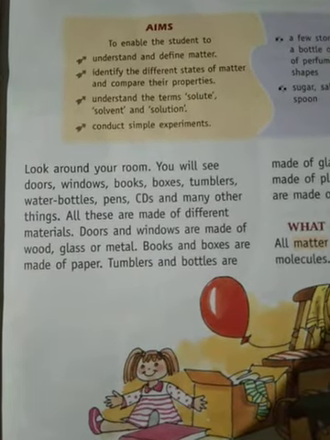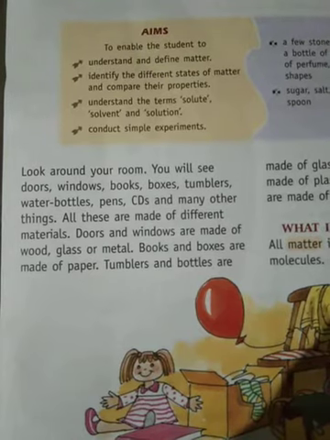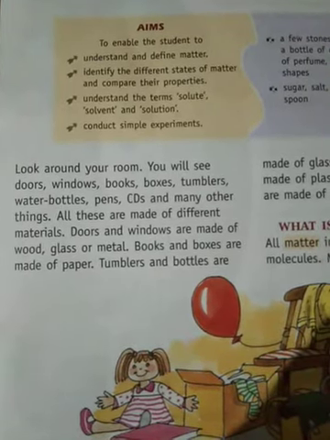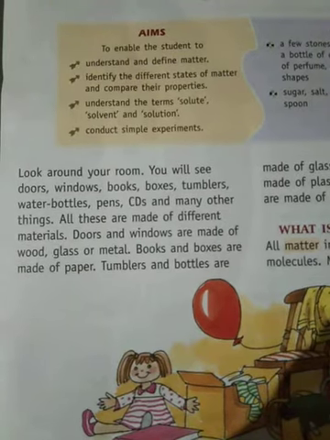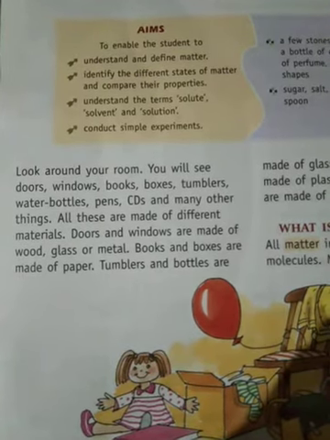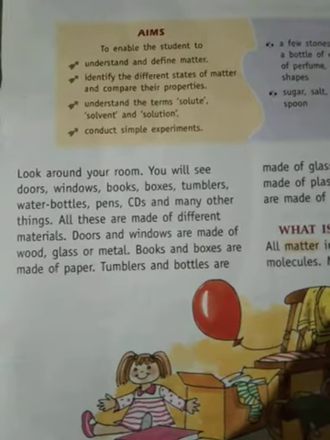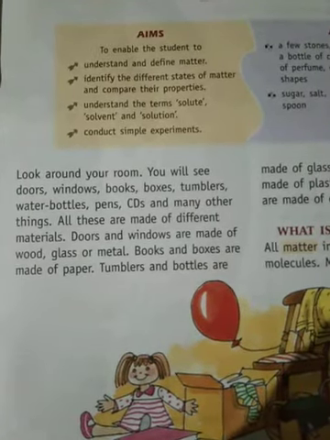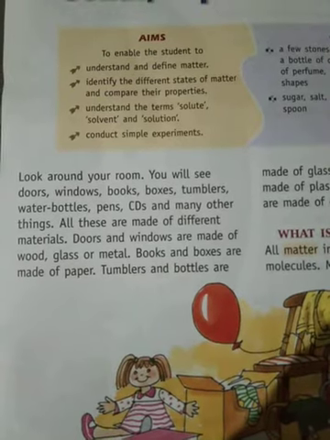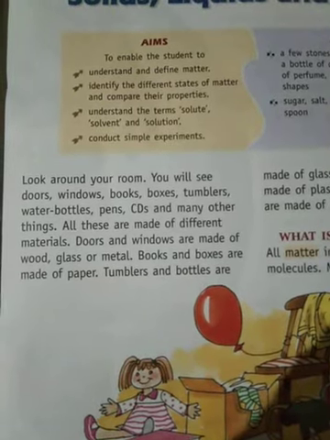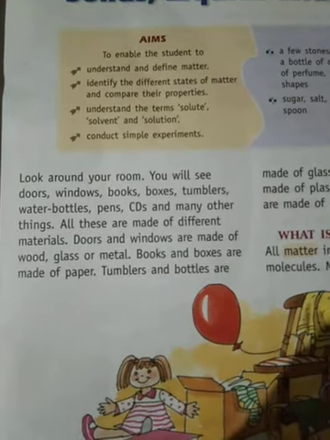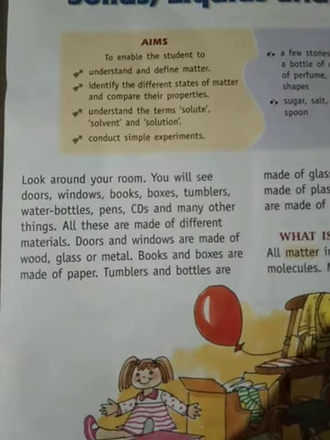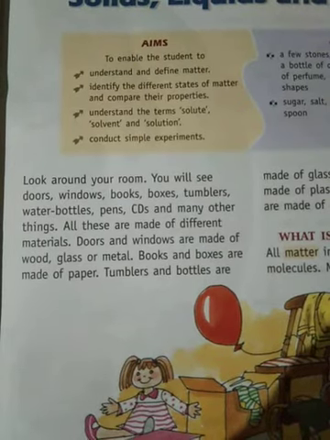The next line is, all these are made of different materials. Absolutely, we all know that different objects or items are made up of different matters, or you can say materials. Doors and windows are made of wood, glass, or metal.